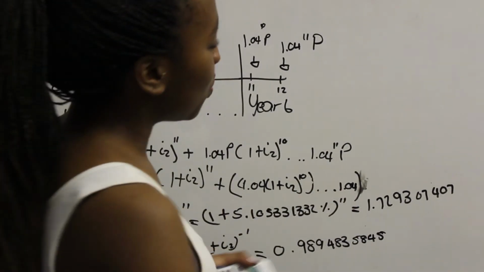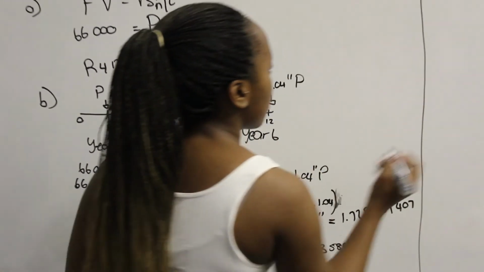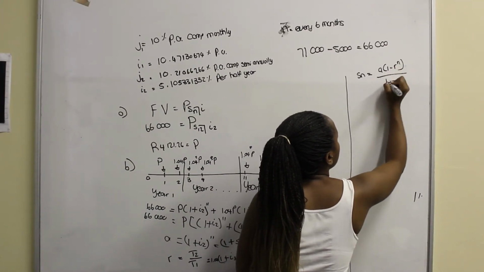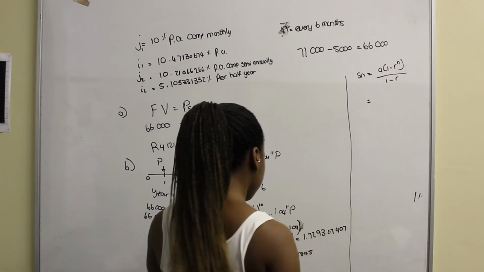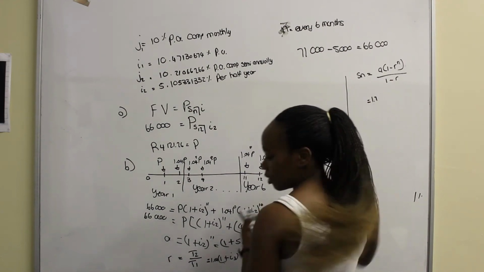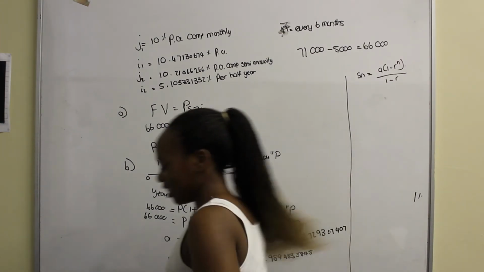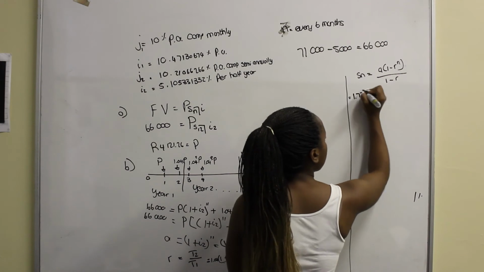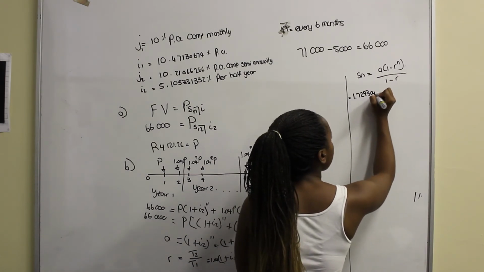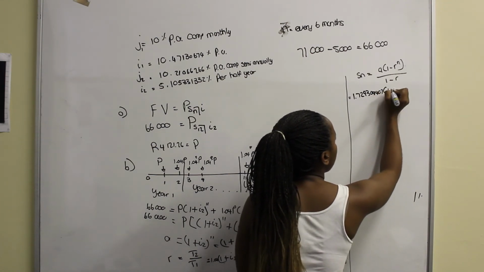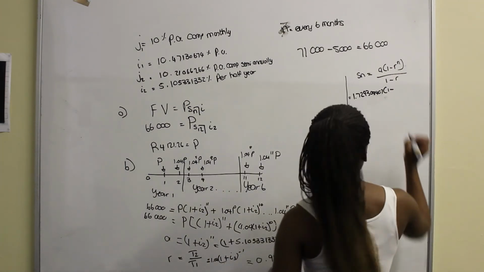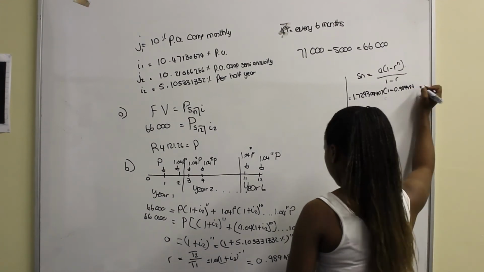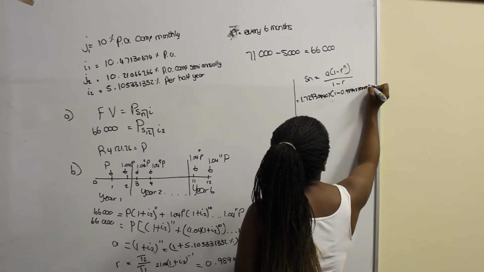And we're going to substitute this into our geometric sequence formula, which is Sn equals a(1 - r^n) over (1 - r). The first term is 1.729307407, 1 minus our r, which is 0.9894835845, to the power 12.